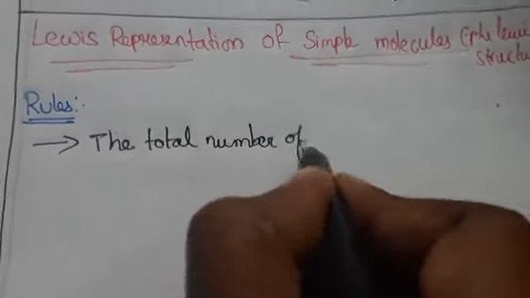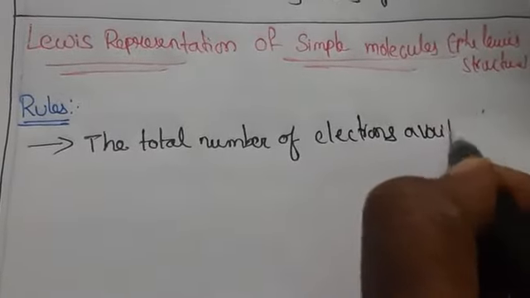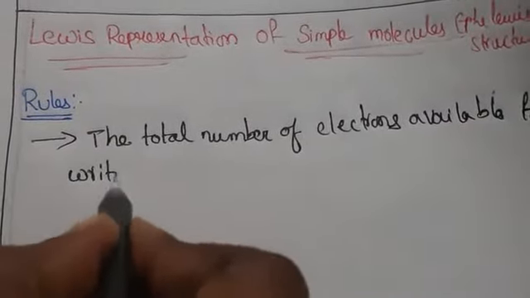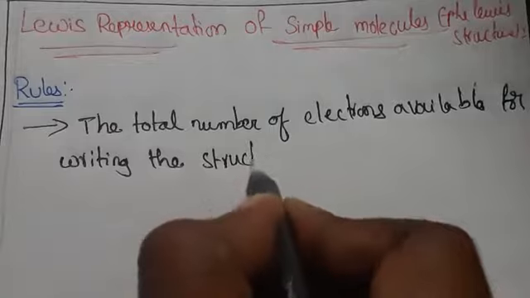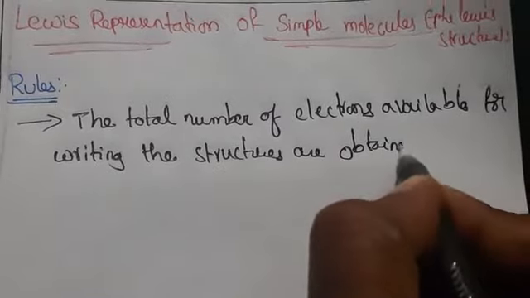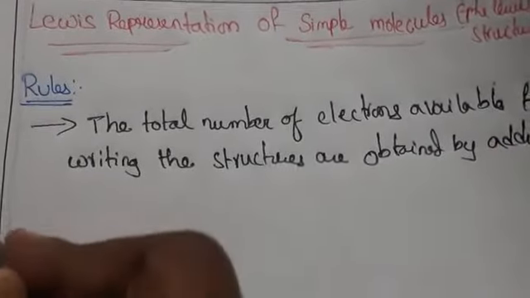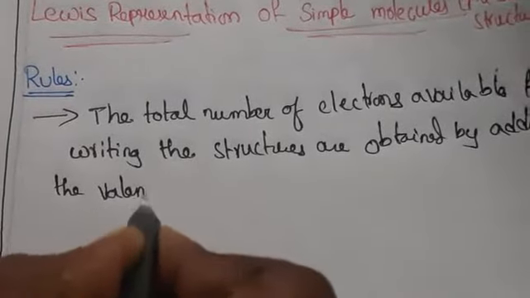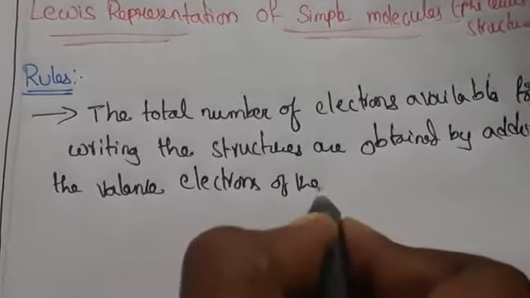We are taking the total number of electrons available for writing the structure, which are obtained by adding the valence electrons of the combining atoms.